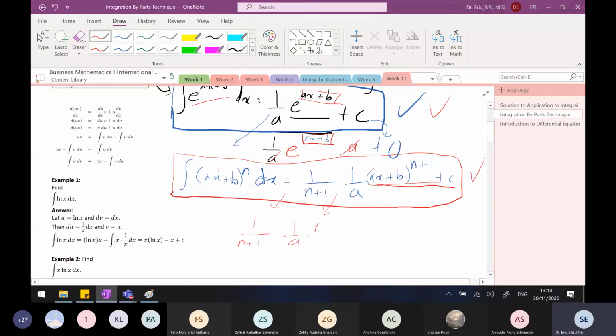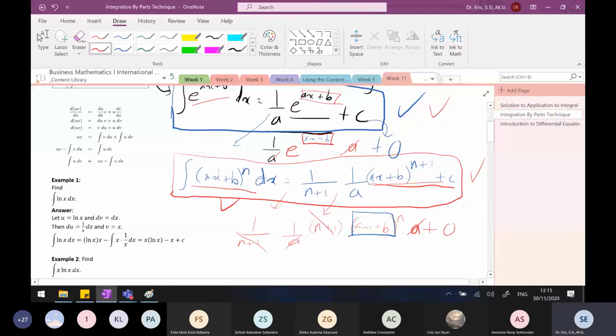The derivative of this is n plus 1 times (ax plus b) to the power of n, if the derivative is with respect to the inner expression. But you want to find the derivative with respect to x, so you have to multiply by a. So a and a cancel out, n plus 1 and n plus 1 cancel out. The constant is plus 0. So the derivative of this is (ax plus b) to the power of n.